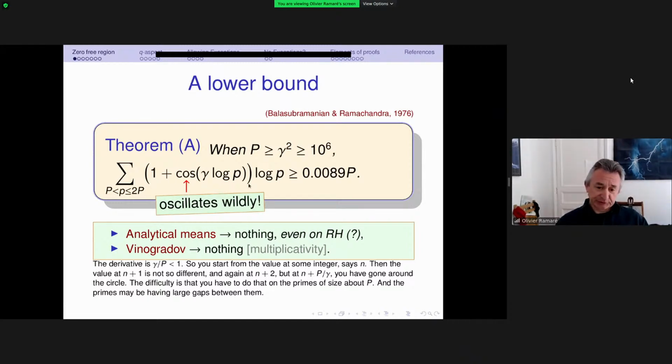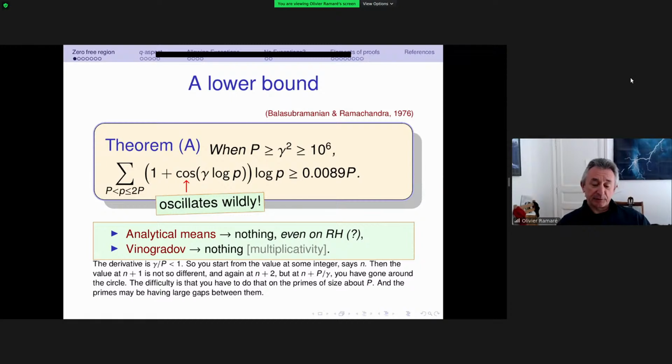If you want to understand a bit what happens, just replace log p by log n, for an integer n. The derivative of gamma log n is gamma over n, so essentially the derivative is gamma over capital P. Say gamma is the square root of P, so it's 1 over the square root of capital P. So when n goes from n to n plus 1, the quantity gamma log n moves slowly around the circle, from n to n plus 1 to n plus 2 and so on.